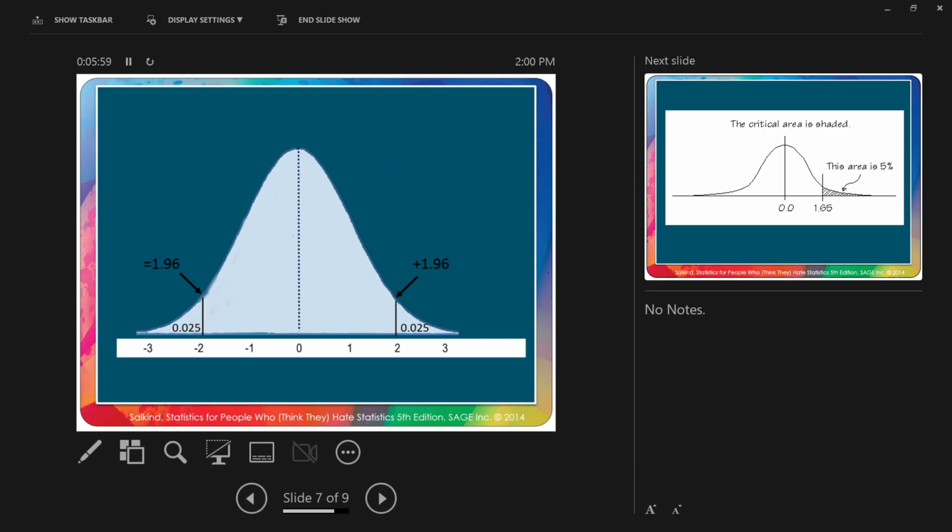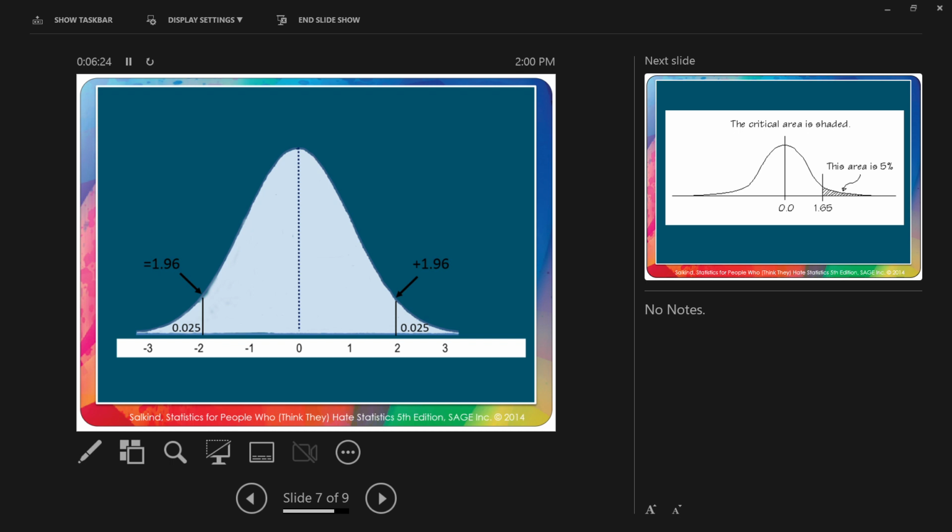So this is a visual representation of the normal curve and the critical value for the one sample z-test with a non-directional hypothesis. You can see where our critical values are on the normal curve. They are either negative 1.96, which falls to the left of the mean, and positive 1.96, which falls to the right of the mean.